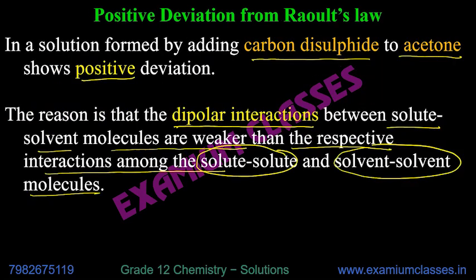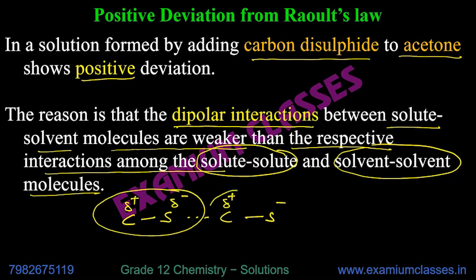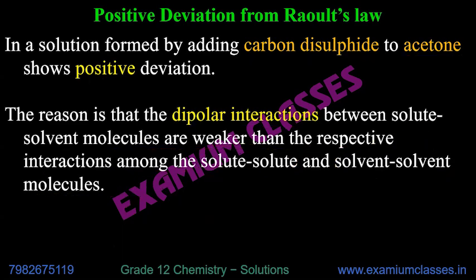So if you consider CS2, carbon disulfide, carbon and sulfur have a polarity difference: one is electronegative, the other electropositive. If there is another C-S bond, plus and minus, there is a force of attraction between these two molecules due to polarity difference. Similarly, there is a force of attraction between acetone and acetone also.